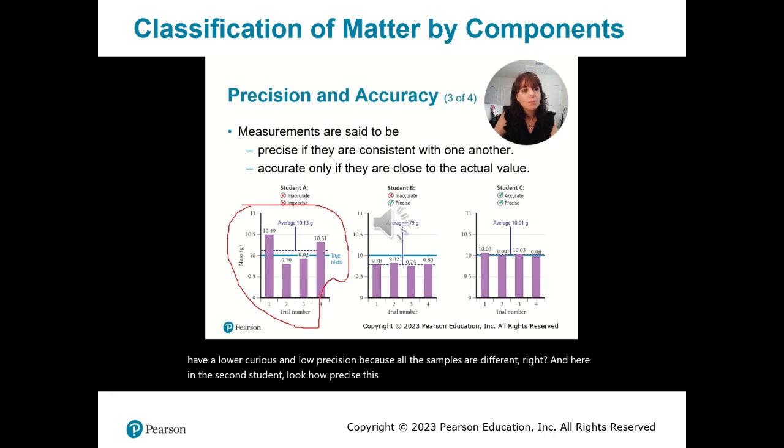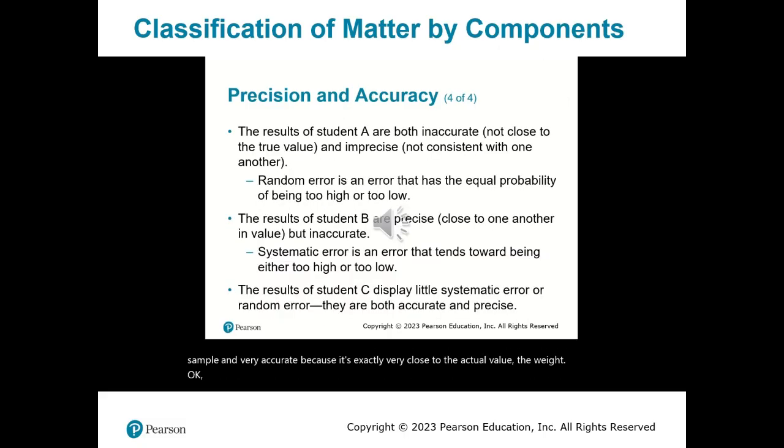All the measurements are pretty close to each other, but far away from the actual value. So I have low accuracy on this one. But I have a really bright student that has very close measurements for each sample and very accurate because it's very close to the actual value, the weight. Okay, so high accuracy and high precision.